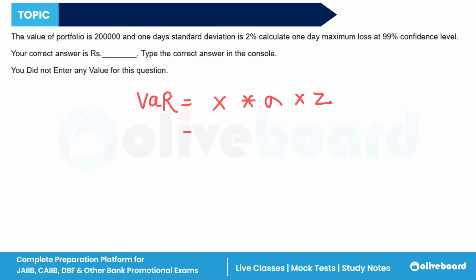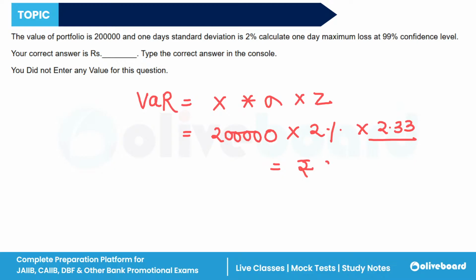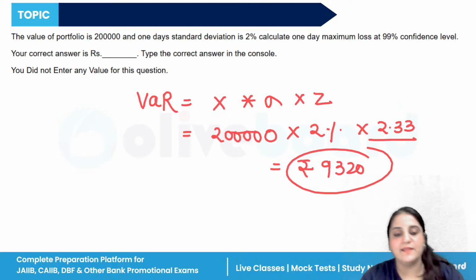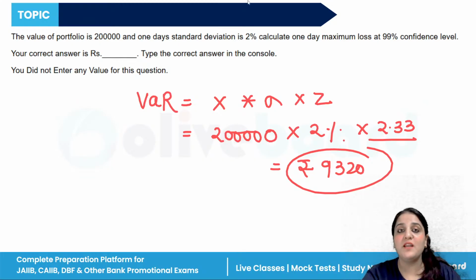So portfolio value is 2 lakh, multiply it by 2% and multiply it by 2.33. So here the answer is 9320. So this is the answer, 9320. Simple formula use. We have to use the formula only and we can easily solve the question.